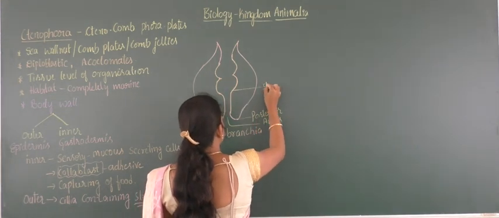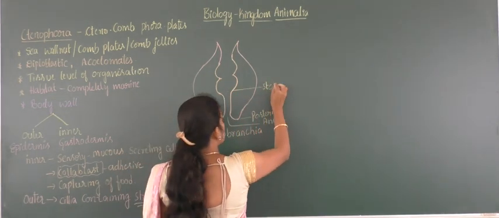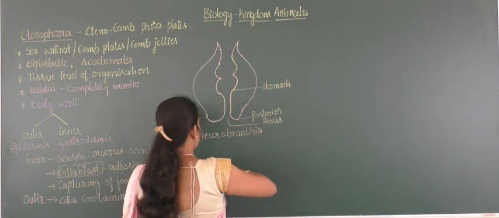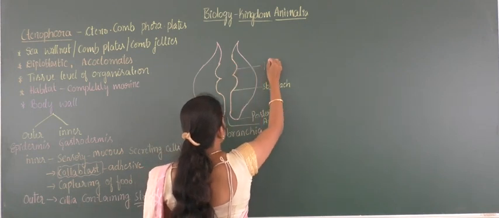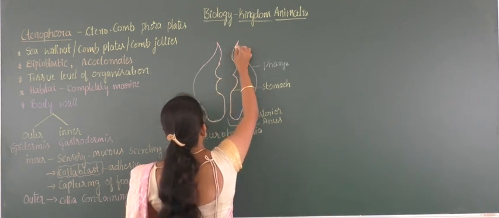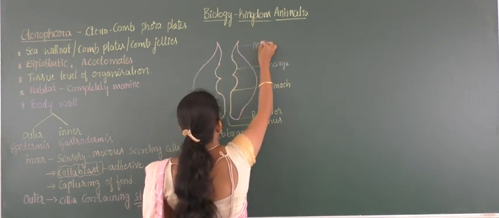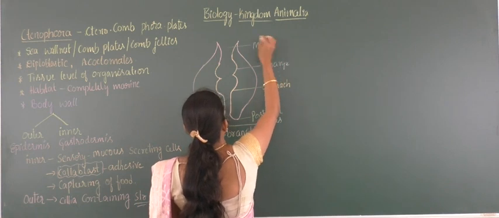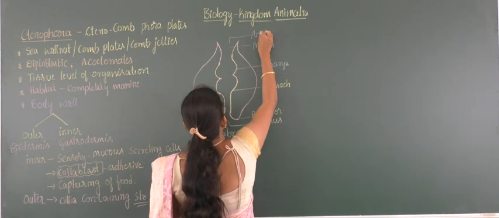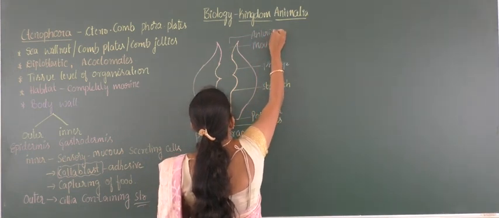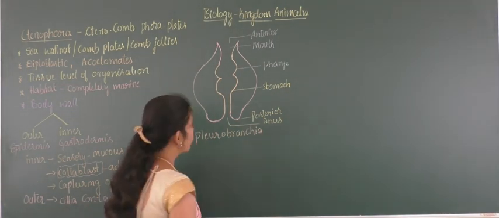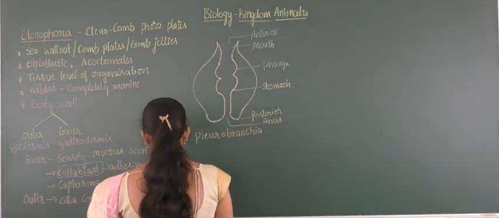So this is the stomach and its extension. Okay? So this is called the stomach and its extension, and then after that it is called the pharynx, and here it is called the mouth, and this end is said to be the anterior end. Anterior end. And then after that you can find many other structures included here.